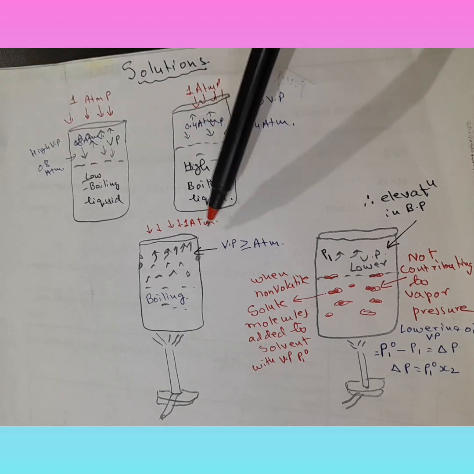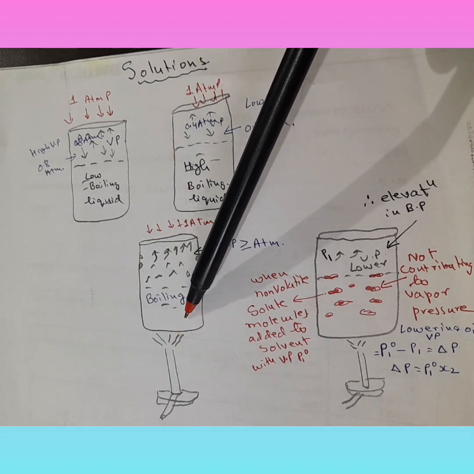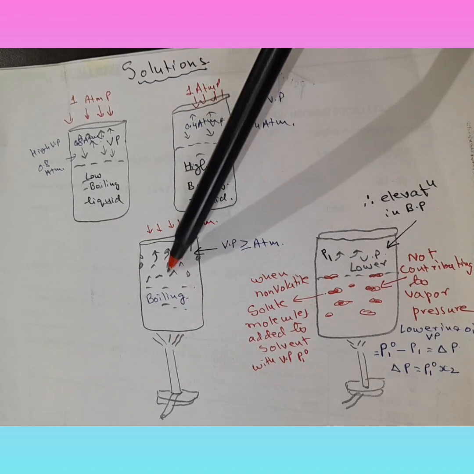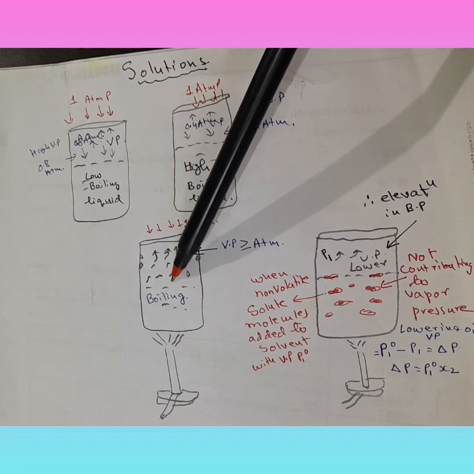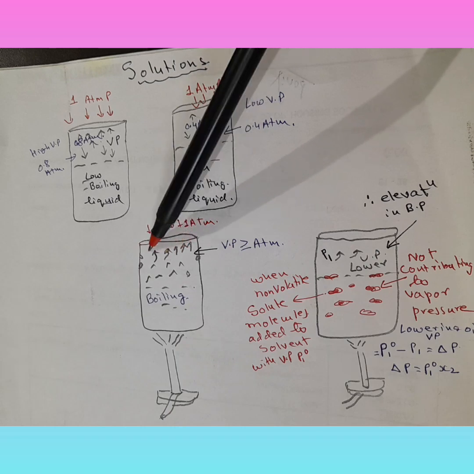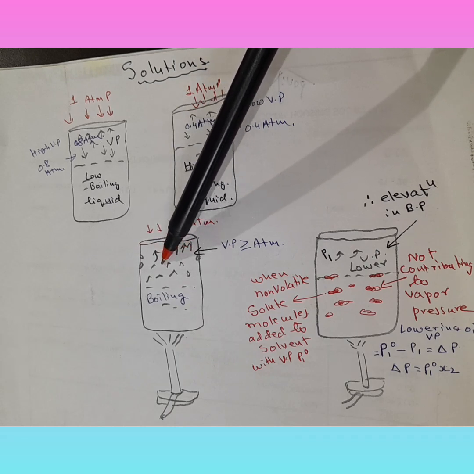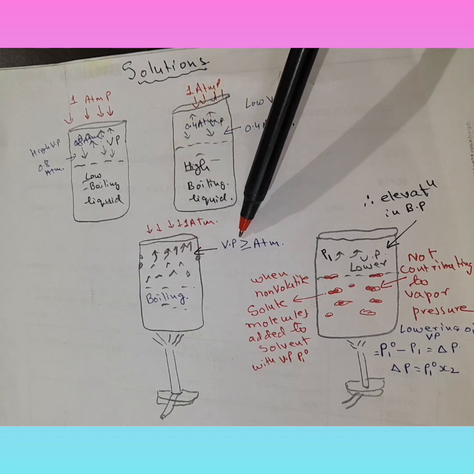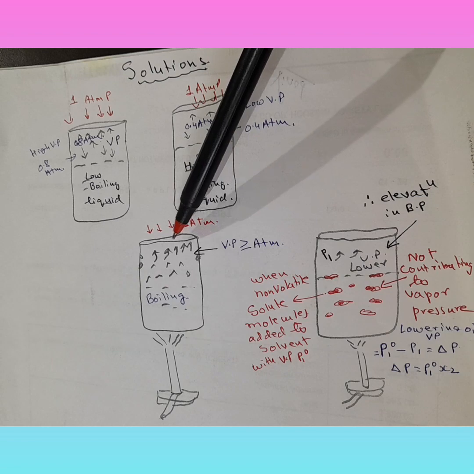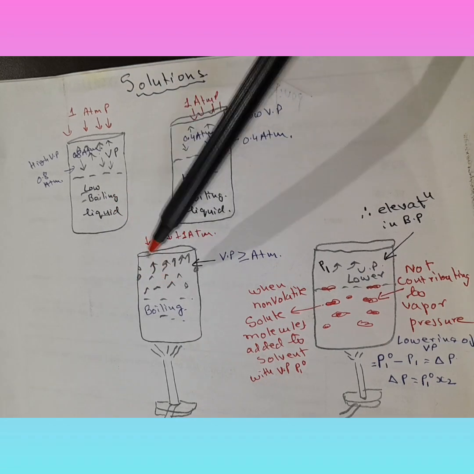Now let's start heating it. When we start heating it, vapor keeps on increasing, so vapor pressure also keeps on increasing above the surface of the liquid. At a particular stage, the vapor pressure becomes equal to or greater than atmospheric pressure. Then it pushes the atmospheric pressure out and starts coming out.